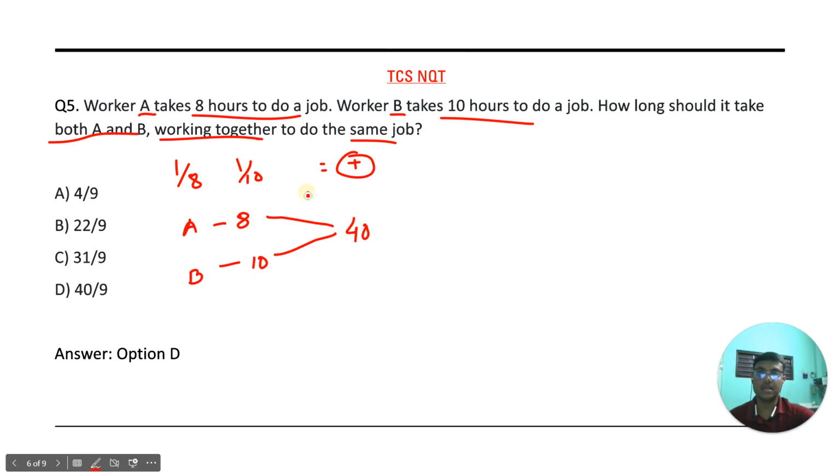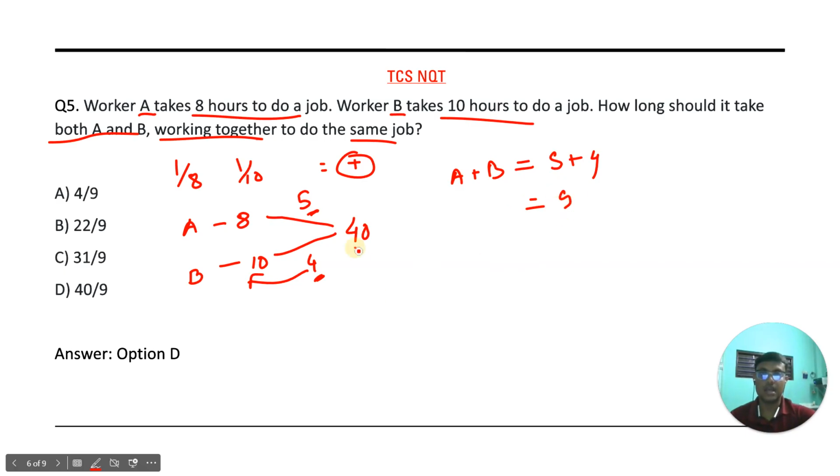Now 40 divided by 8 is 5. This is the 1 hour of work of A, and 40 divided by 10 is 4. This is the 1 hour work of B. Got it? Now, as we have got the 1 hour work of A and B individually, we can use this to get the 1 hour work of A and B working together, which is 5 plus 4, which comes out to be 9.